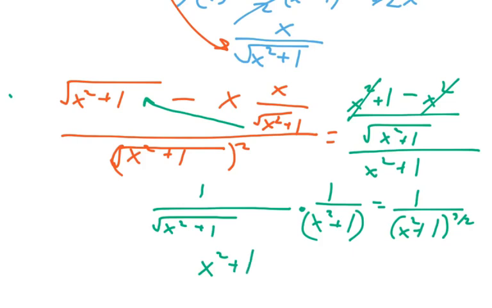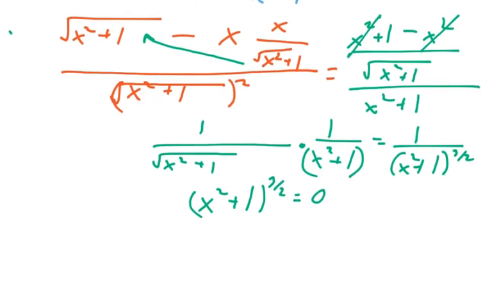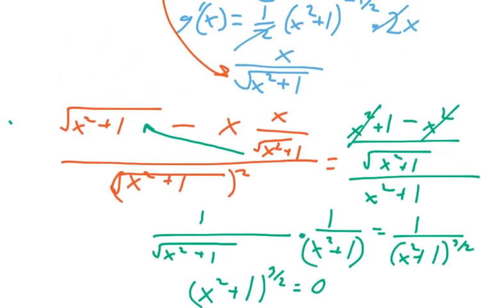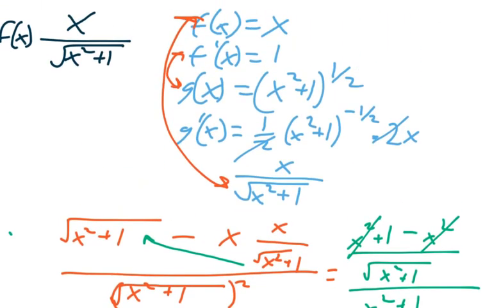When I set the bottom equal to 0, when I take both sides to the 2/3 power, I'm left with x squared plus 1 equals 0, which means x squared equals -1, and I get imaginary stuff out of there. So there are no critical values in this whole problem.